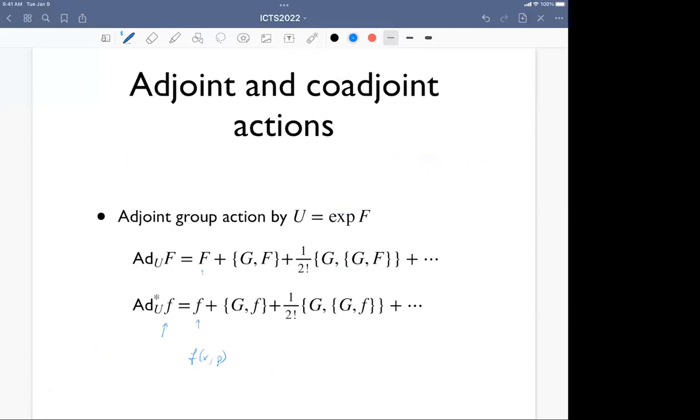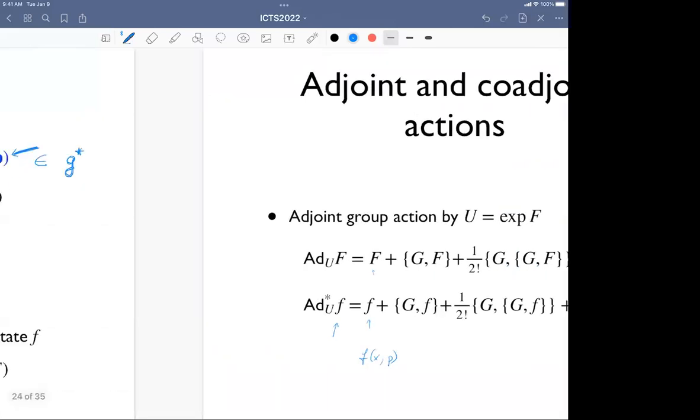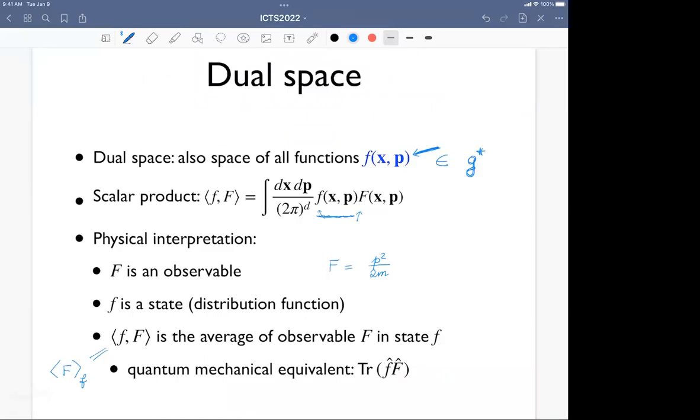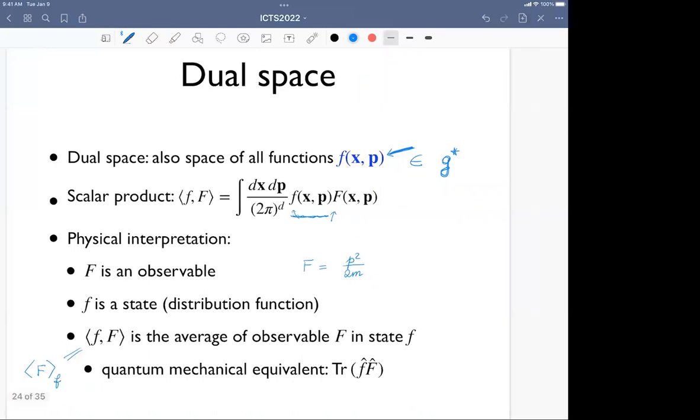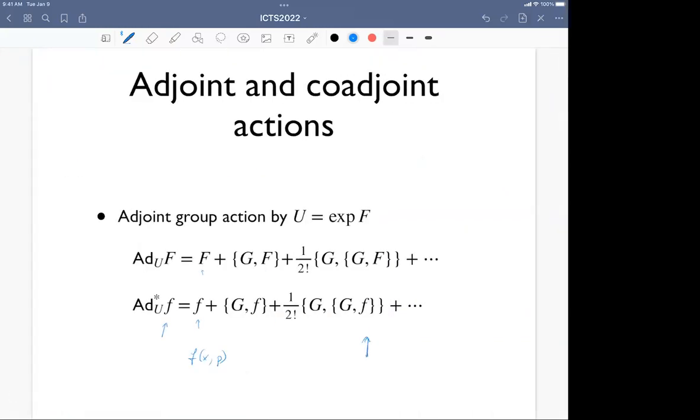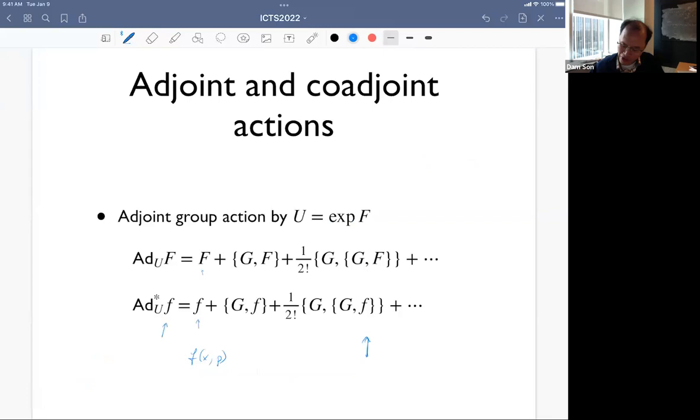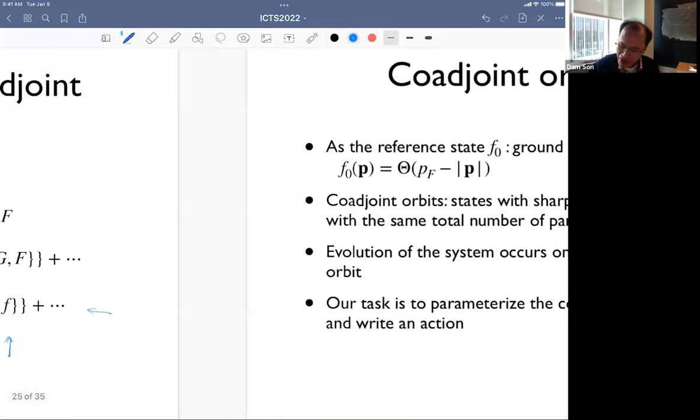For this slide to be true, for the adjoint action to be an exponentiation of the Poisson bracket, for the coadjoint action, you probably need the scalar product to be the integral. Yes, if I have an integral over some weight times f small f, then the second formula will be different. Right. Okay.